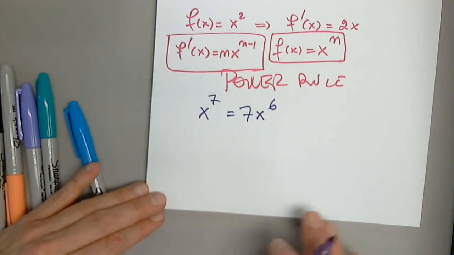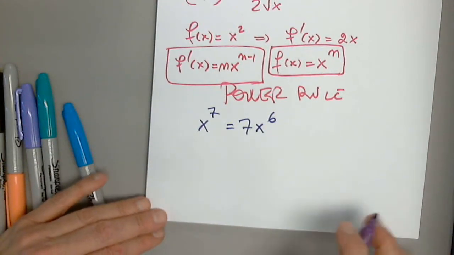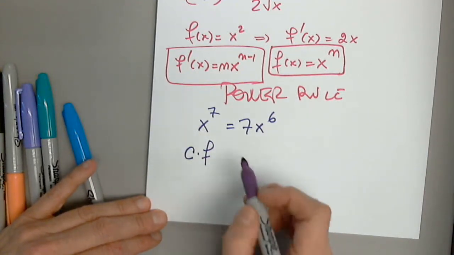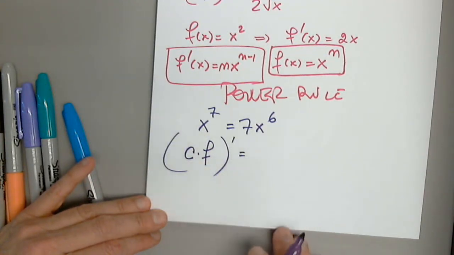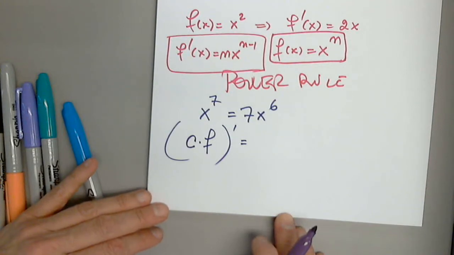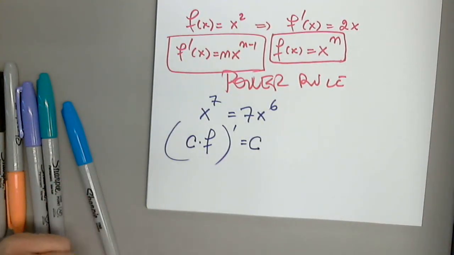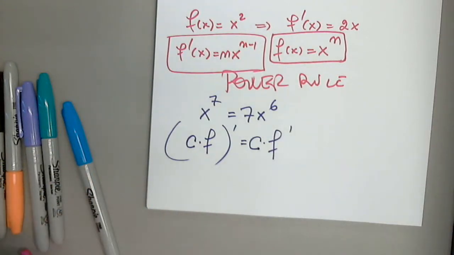Here's another very important rule. If we have a constant times a function, and we want to differentiate this, yes, but the constant stays outside because we are only differentiating the function. So here's an example.